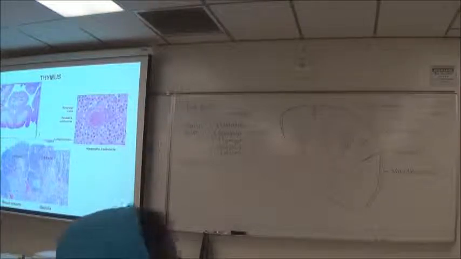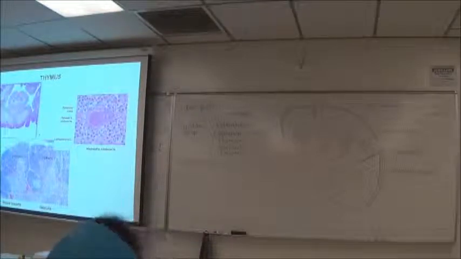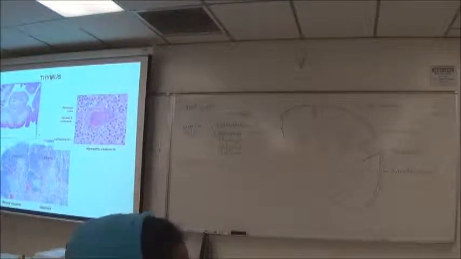It does have a cortex and a medulla, but it doesn't have follicles. The thymus is not a screening process. It's not a filtrating process in the sense of trying to filter blood or lymphatic fluid. It is a nursery for developing T cells. So the cortex and medulla have nothing to do with the functions of the lymph node.